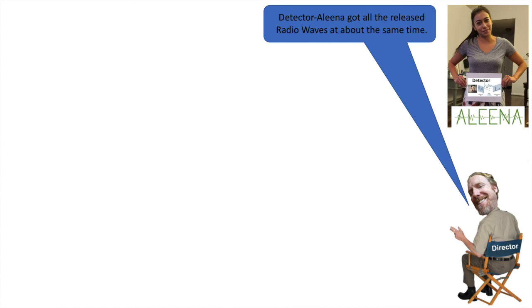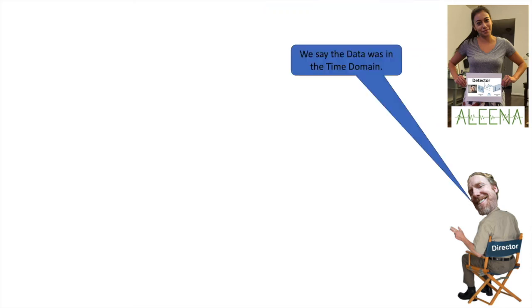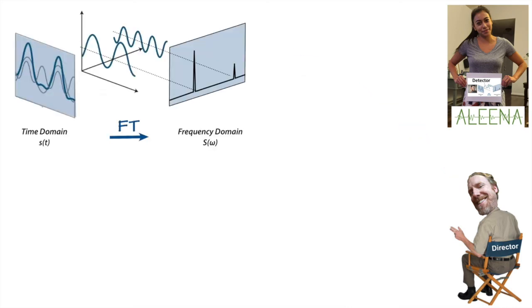Detector Alina got all the released radio waves at about the same time. We say the data was in the time domain. And here's a graphical representation of that, the time domain. So she got all those radio waves at the same time. Some were higher frequency, some were lower frequency, some were medium, and they're all just a mess on top of each other.